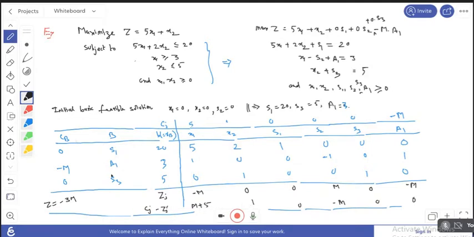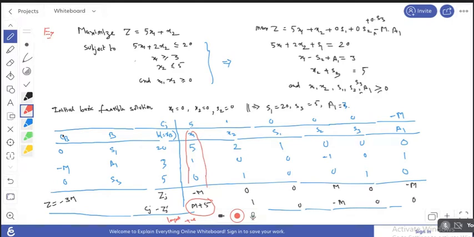This one is the largest positive, which means x1 enters the basis.